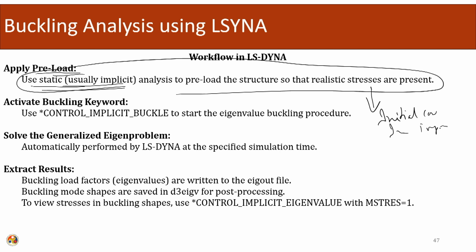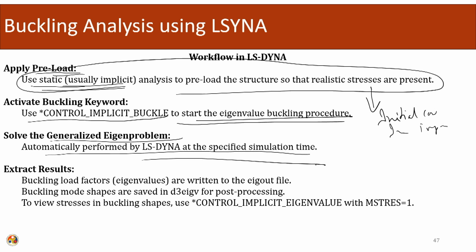After that, the buckling module is activated to start the eigenvalue buckling procedure. After that, we solve the generalized eigenvalue problem, which is an inbuilt code in LS-DYNA. And after doing this, we extract the results in the form of the buckling load factors, eigenvalues, and the buckling mode shapes.